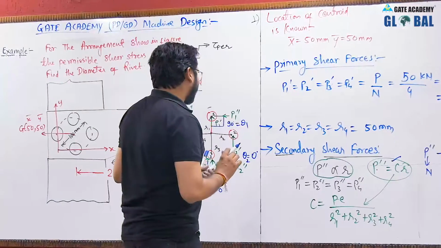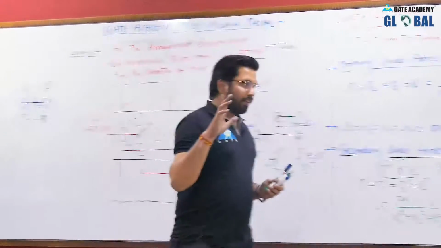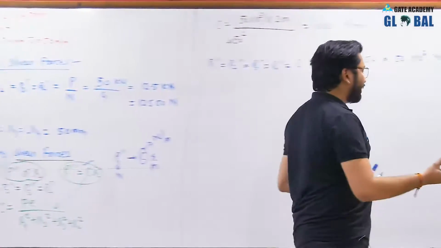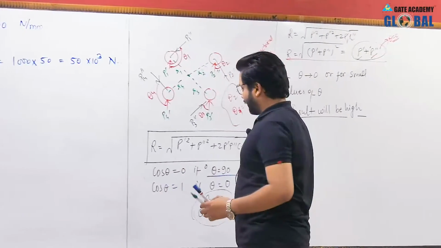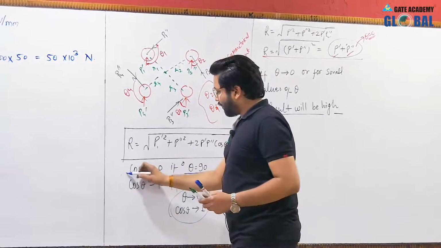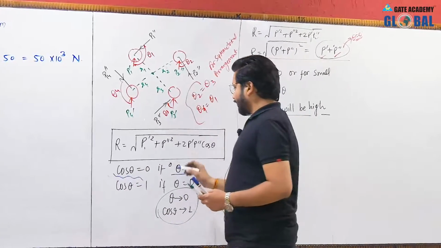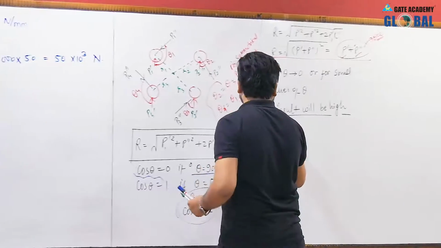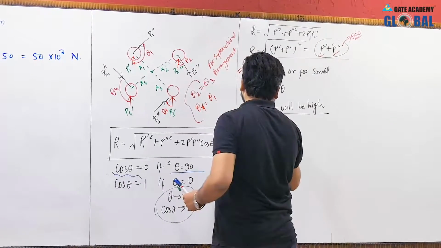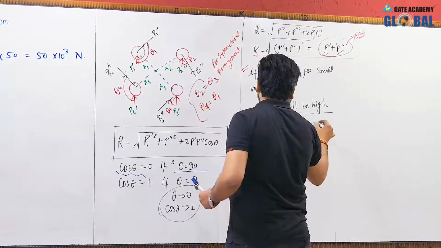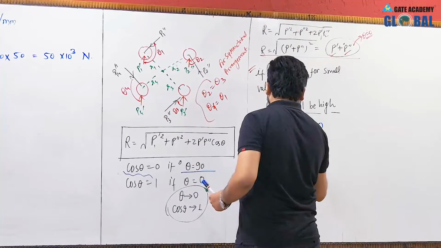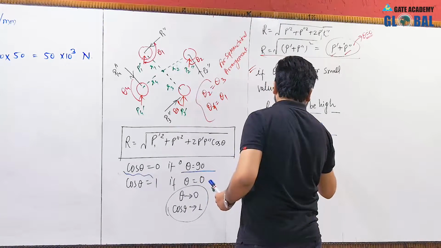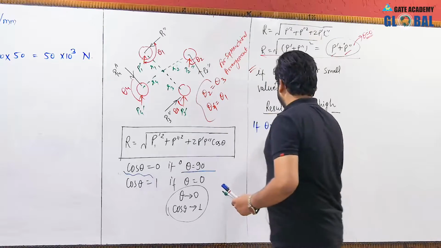Now based on the angles, as I have told you, for theta equal to 90 degree, cos theta will be equal to 0, okay. So if cos theta is equal to 0, the resultant will be root over p dash square plus p double dash square, okay.